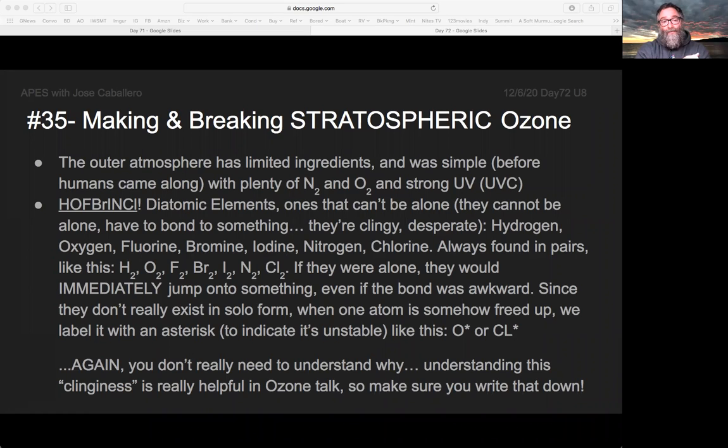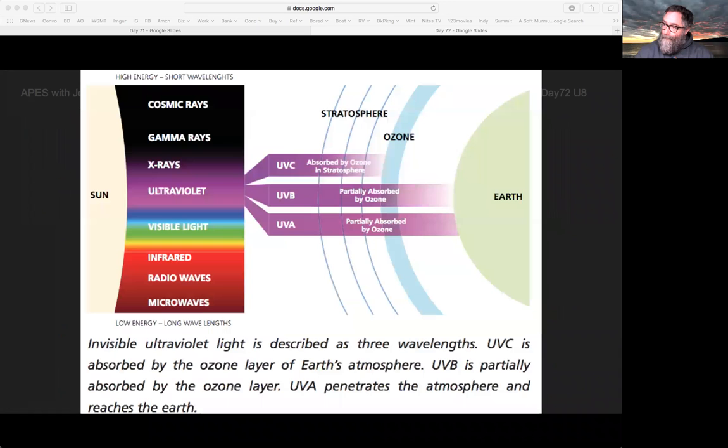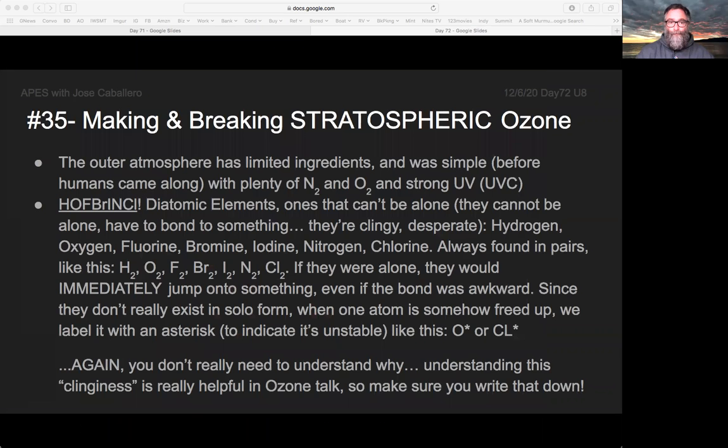First, the outer atmosphere is pretty simple. Especially before there were humans, there was almost nothing in the outer atmosphere. You should remember from the beginning of this unit that 99% of the atmosphere is really low, and we're talking above that. In that outer atmosphere, at the top edge of the stratosphere, there's almost nothing.